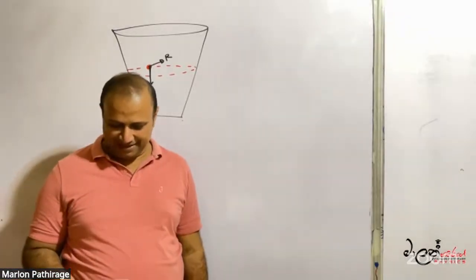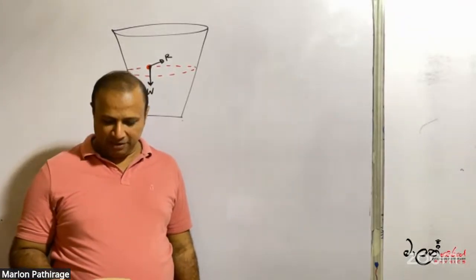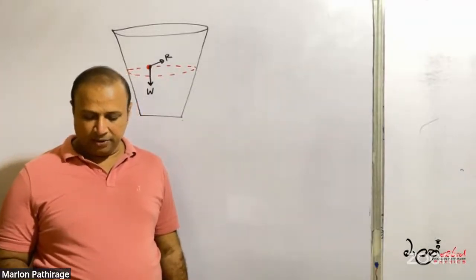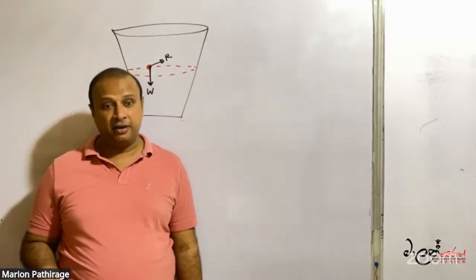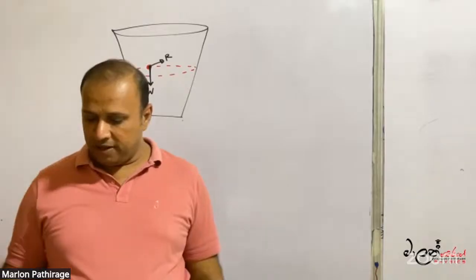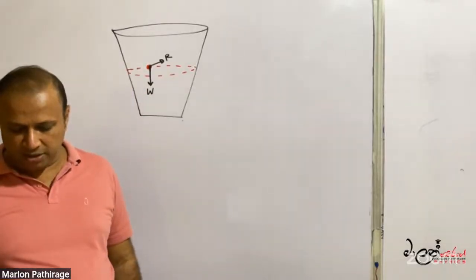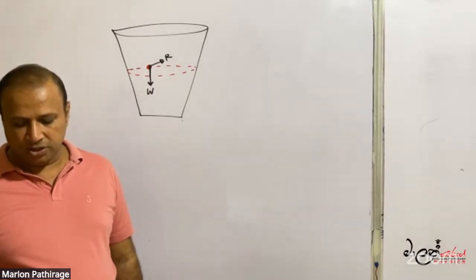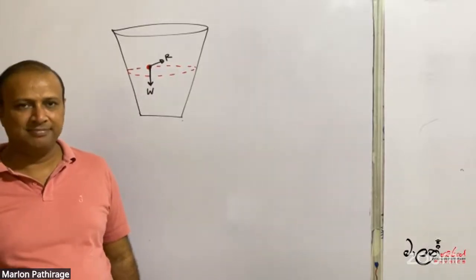There are only two forces: one is weight, the other is the reaction force between the vessel and the man. Therefore, the answer is number 2: weight of the object and reaction force normal to the surface only. That is the answer.